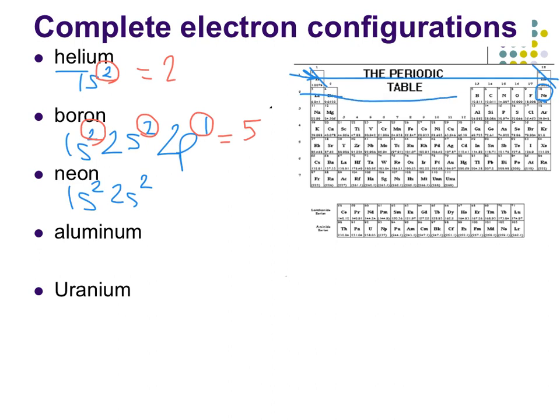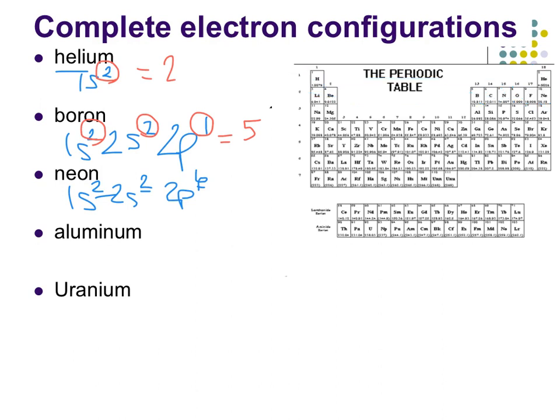And then when we get to the 2p orbital, we're going all the way to the end, which means we're going to go through all 6 boxes. So my 2p orbital would have a superscript of 6. So 6, 7, 8, 9, 10 electrons, which is exactly how many electrons neon should have.